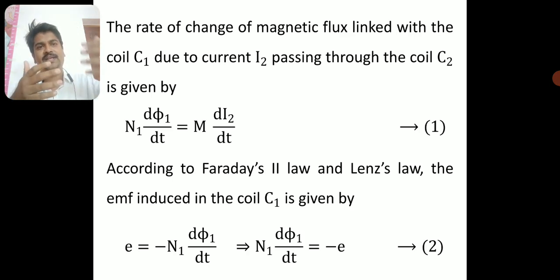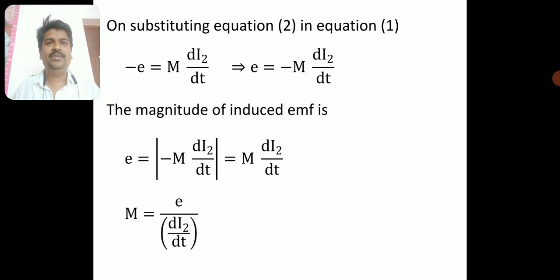The right hand side of equation 1 is M dI2 by dt, and the right hand side of equation 2 is minus E. If I equate these two, because the left hand sides of both equations are the same, it becomes minus E is equal to M dI2 by dt. Which implies, sending the minus sign to the right hand side, the induced EMF E is equal to minus M into dI2 by dt.